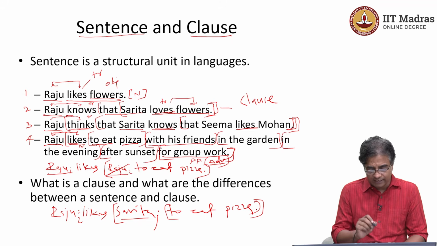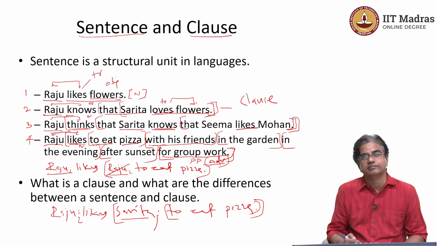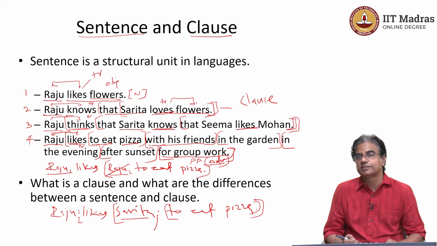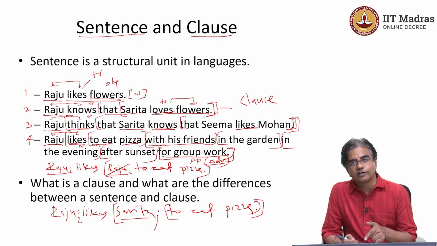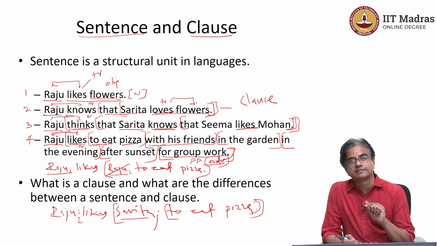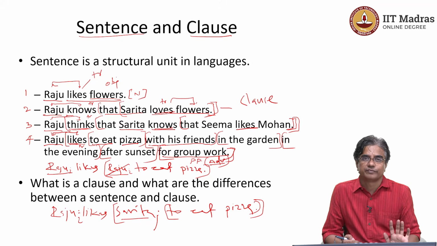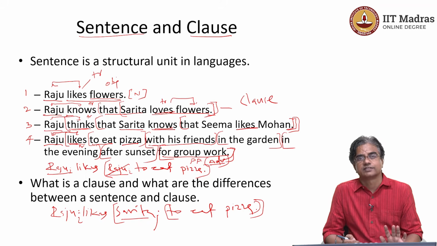For example, we can never say Sarita to eat pizza. This doesn't sound like an independent clause. An infinitival clause has to remain an embedded clause. Nonetheless, it's a clause. It's a type of sentence.